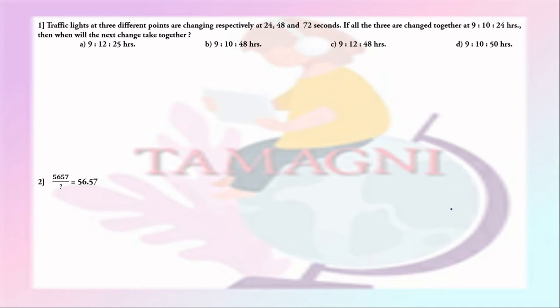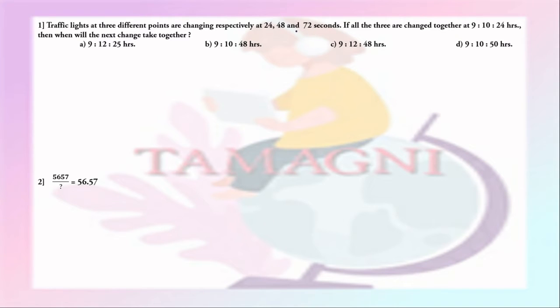Question number 1. Traffic lights at three different points are changing respectively at 24, 48 and 72 seconds. If all three are changed together at 9:10:24 hours, then when will the next change take place together? Here the lights change every 24 seconds, 48 seconds and 72 seconds.